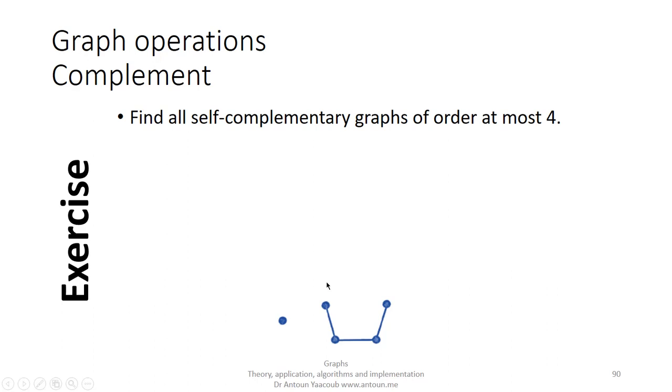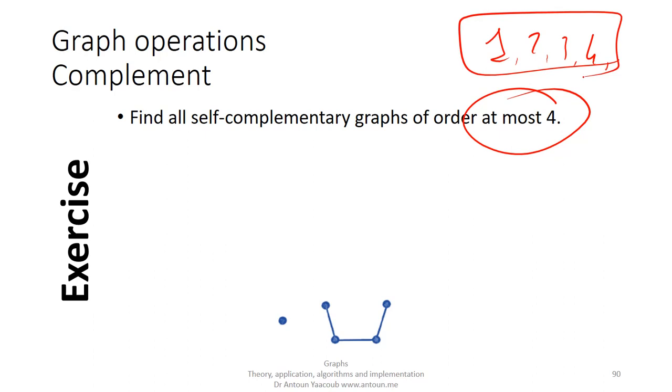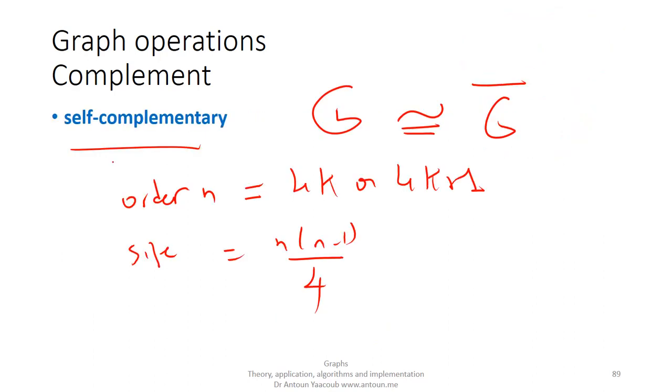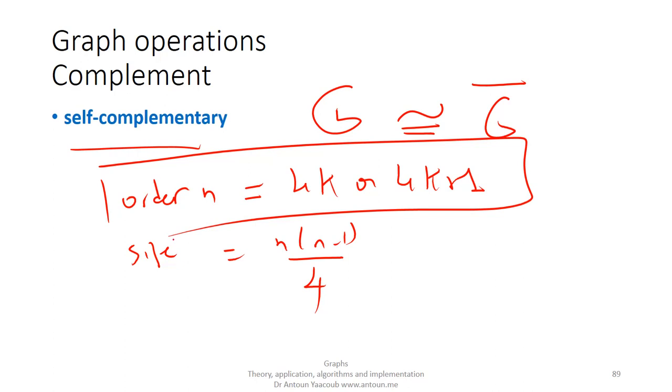So this is why we have directly a question. Find all self-complementary graphs of order at most 4. So the order could be 1, 2, 3, 4. However, we know from the course that the order of such a graph is equal to 4k or 4k plus 1.